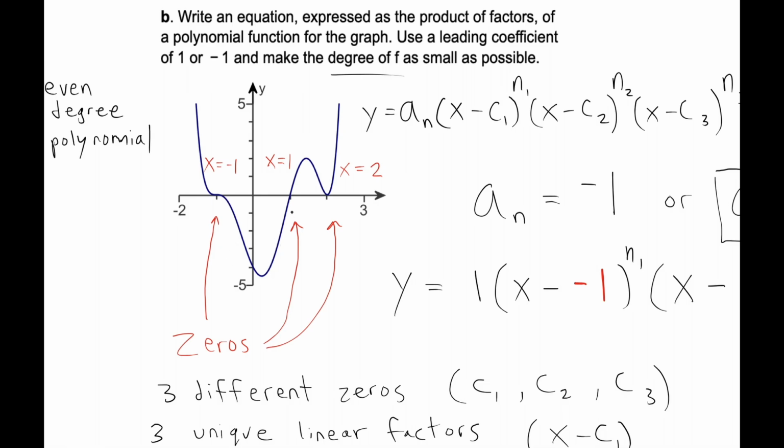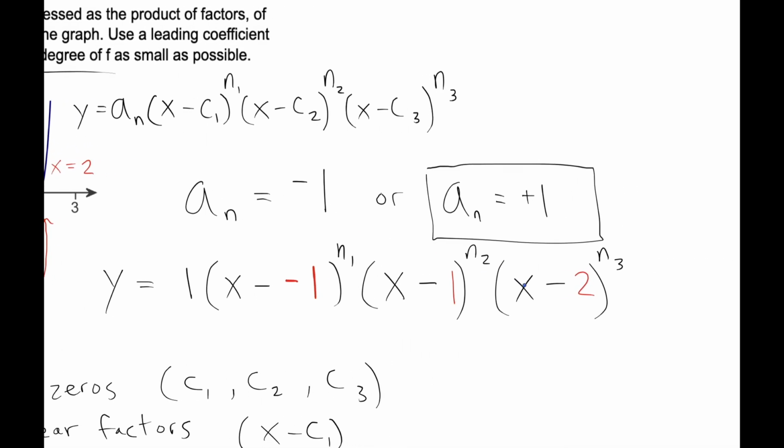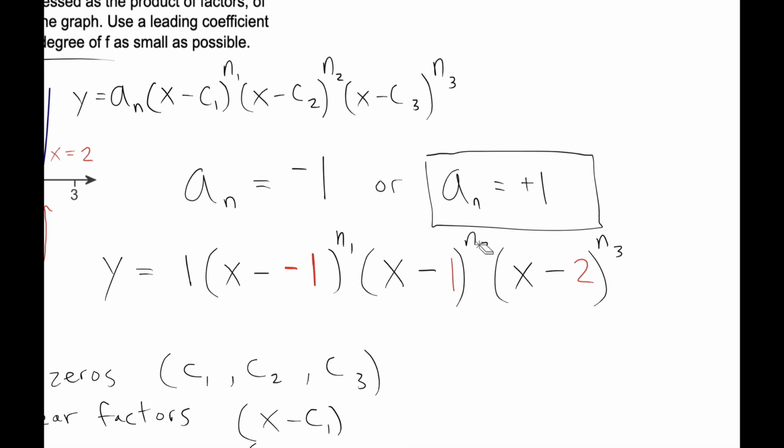So take your x equals 1. That cuts straight through. Whenever we cut straight through, we're talking about a multiplicity of 1. So that means that its power is just going to be a 1.